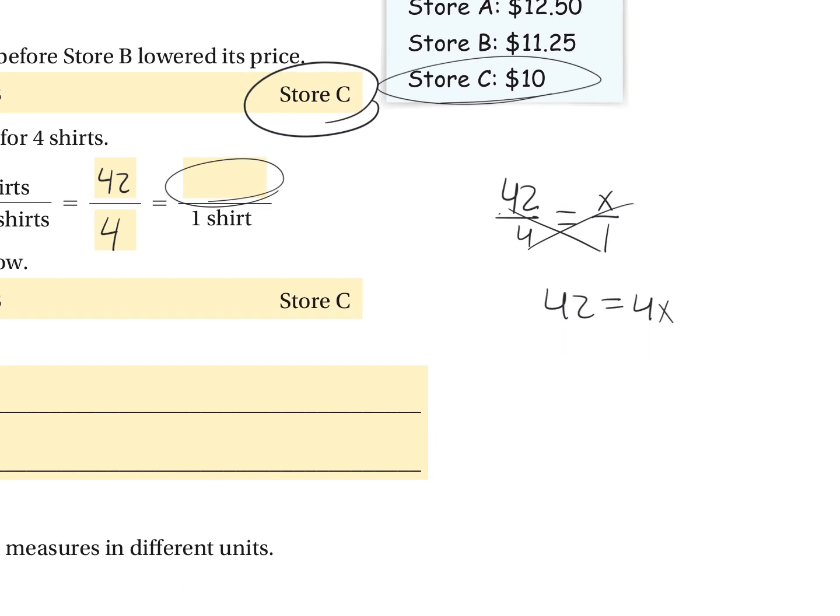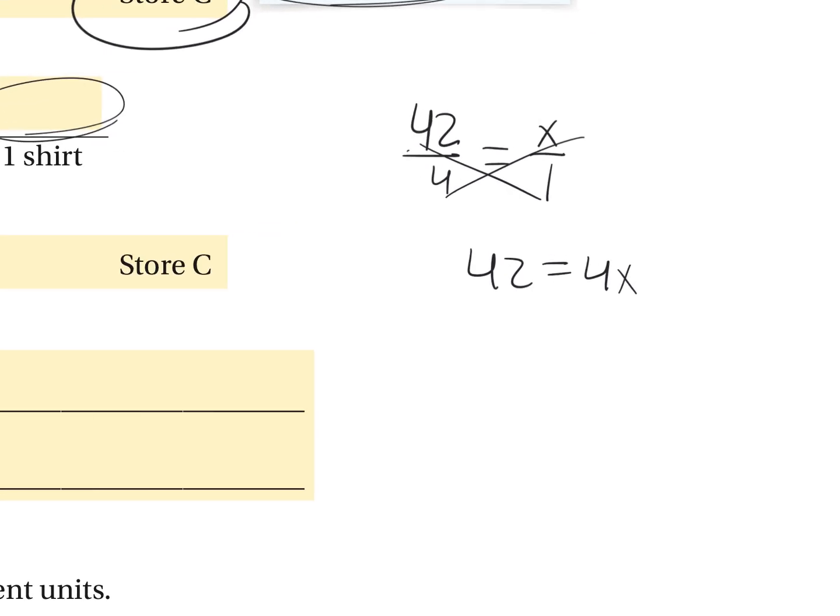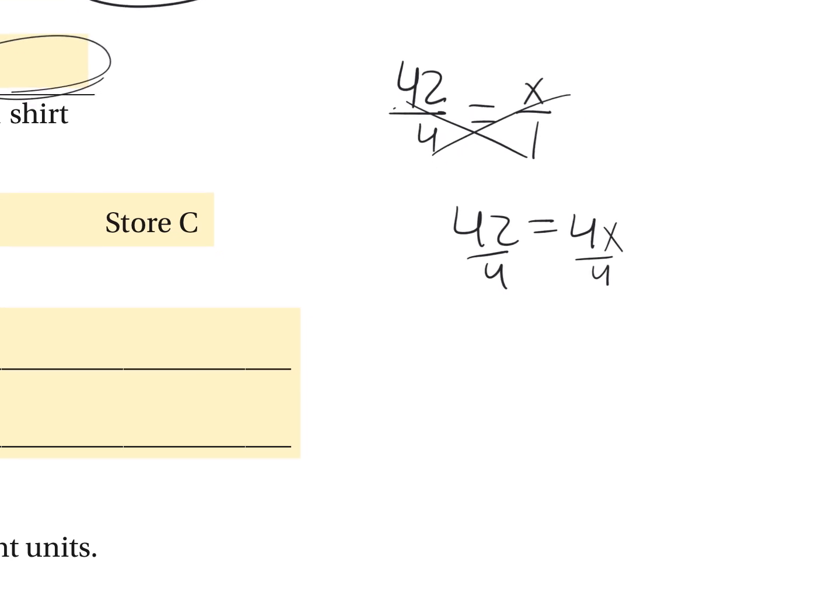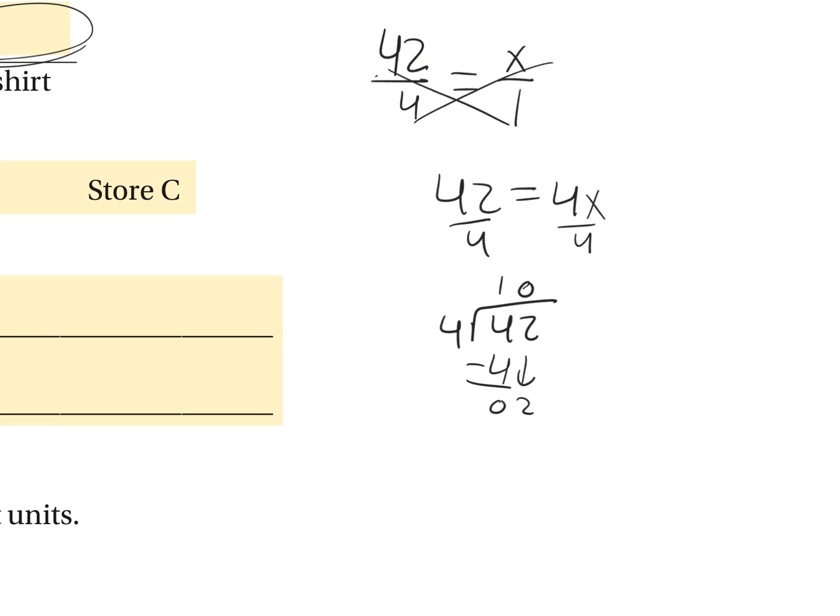And then you want to divide both sides by 4. We end up with the same thing, but now you have a clear picture of what's going on. So divide 42 by 4. It should go into 42 10 times.